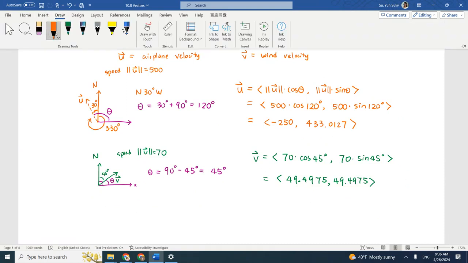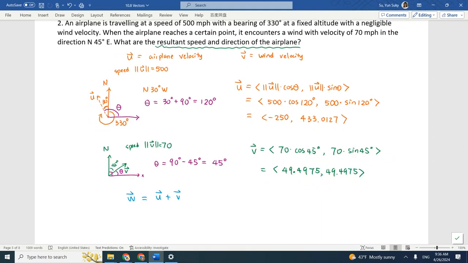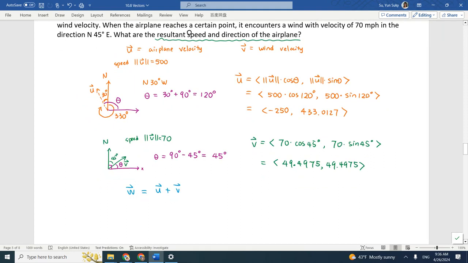So we add them together. W is the resulting airplane velocity, it's going to be u plus v. We add the airplane velocity and the wind velocity.